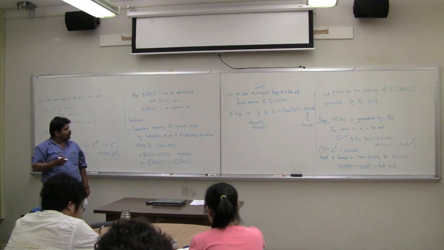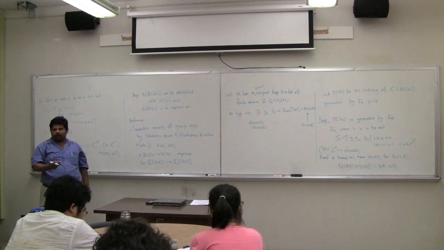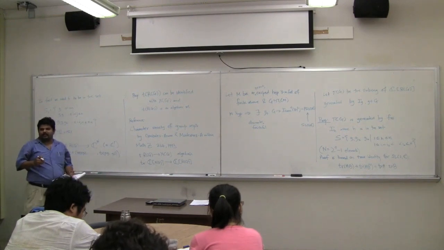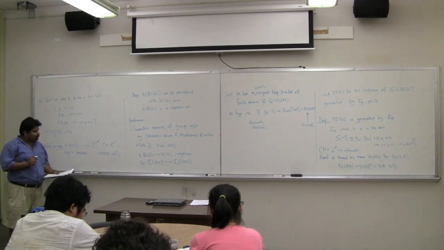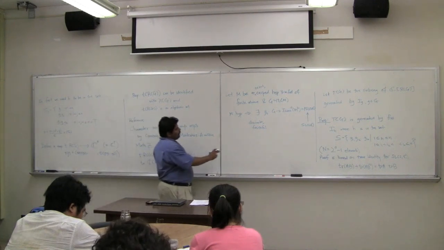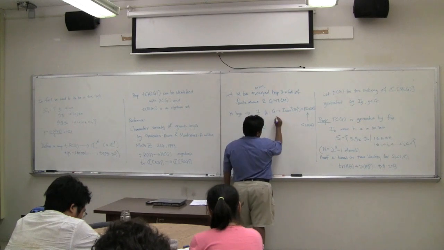Even if you have a non-orientable manifold, you could still give it a hyperbolic structure the same way. I don't think so. You can lift this representation to SL2C.